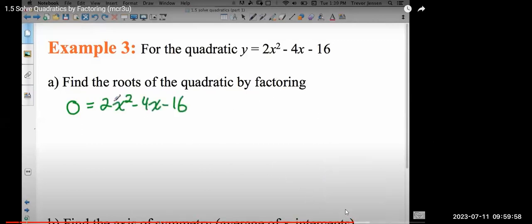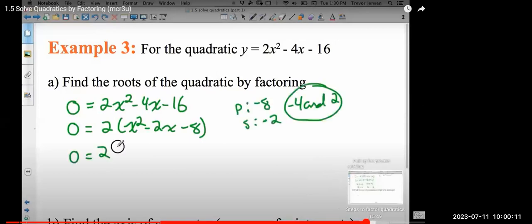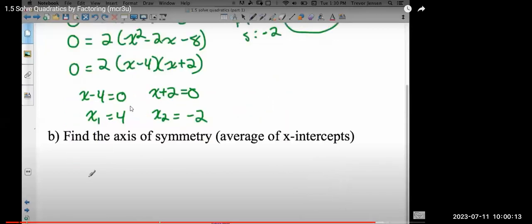So like we did there, set it equal to 0. Then you factor out anything you can factor out, and after that do product and sum, or do grouping. In this case, you're doing product and sum. So my roots are going to be x is 4 and x is -2. In other words, it's my x-intercepts as well.